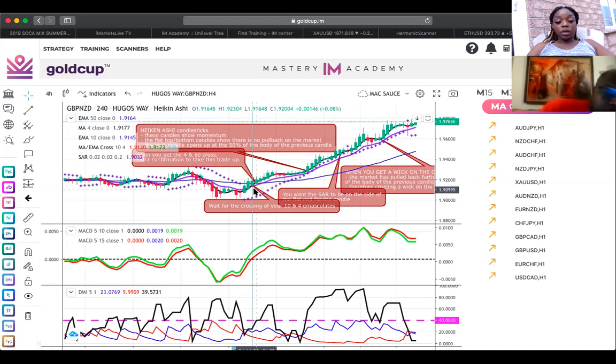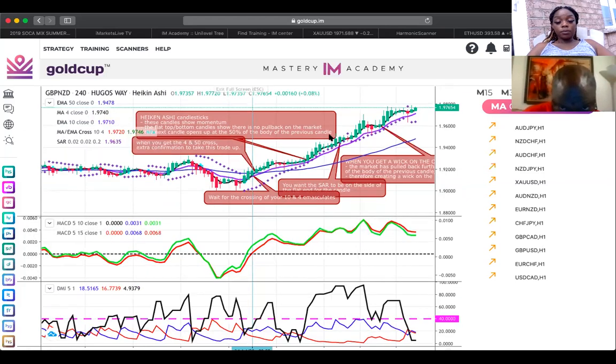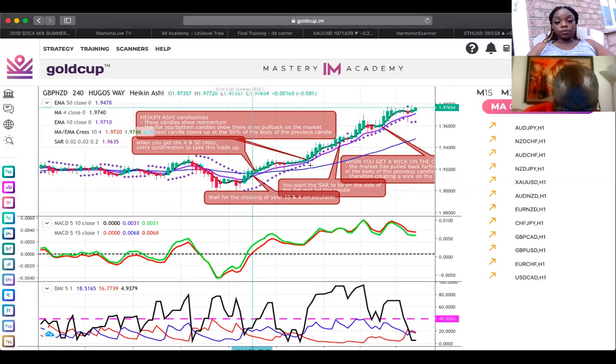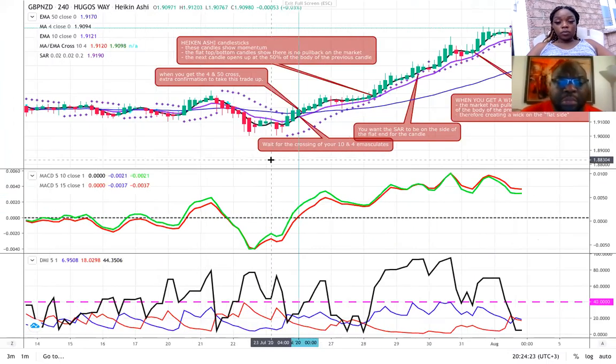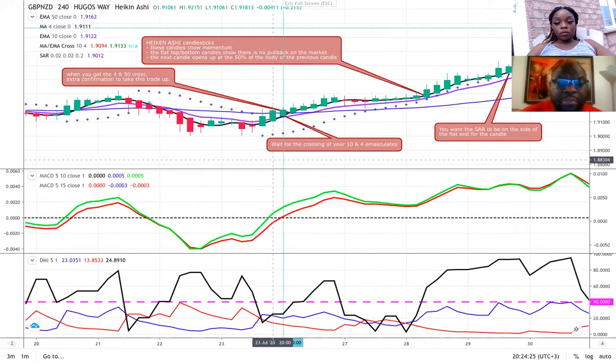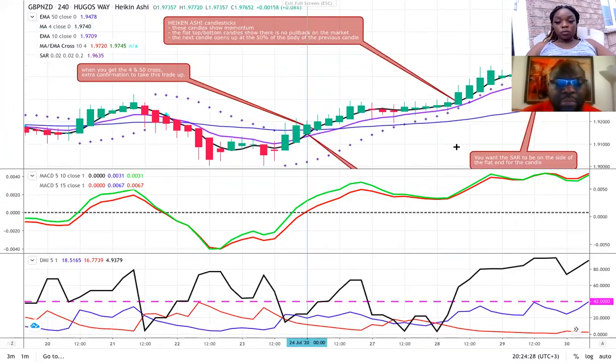Do you see where my crosshair is? Can you zoom in on it? Okay.